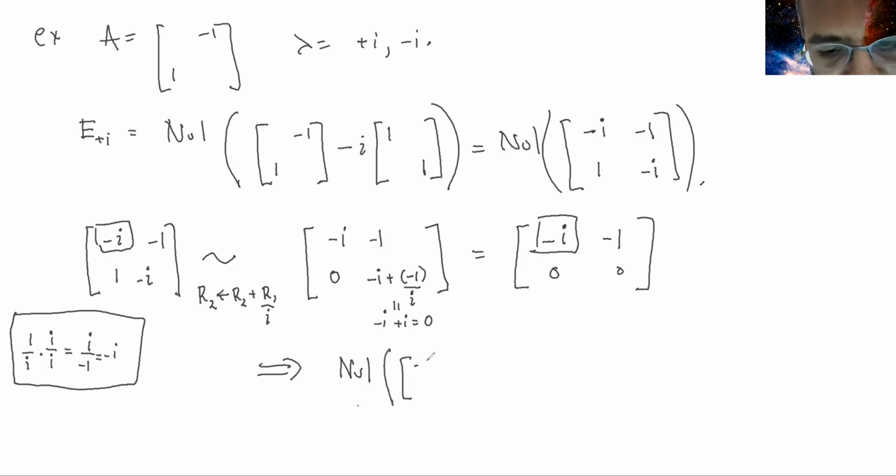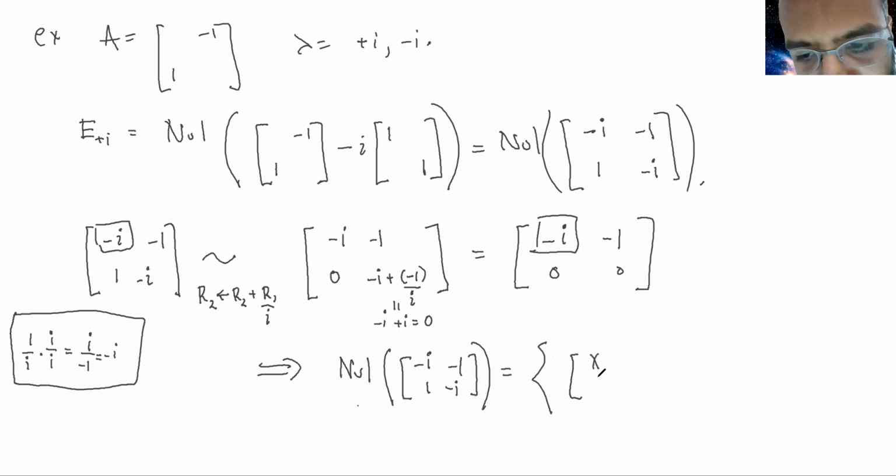that's this matrix, is going to be the same as the null space of what's written above. So it's the set of all x1, x2 such that minus i x1 minus x2 equals 0. And x2 is a free variable, right?